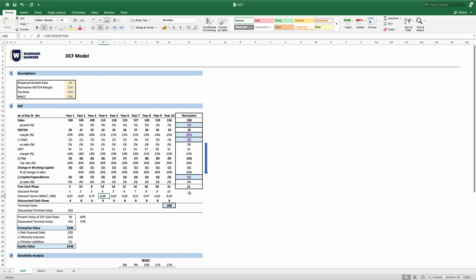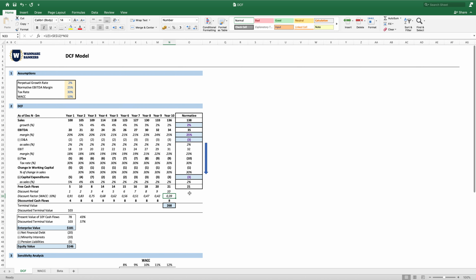And here, as you see, the discount factor is getting lower and lower while you are moving downwards towards the last year in the business plan, which means that the cash flows generated in the first years of the business plan are going to be depreciated less than the cash flows that will be generated over the last years of the business plan, which are going to be depreciated more.